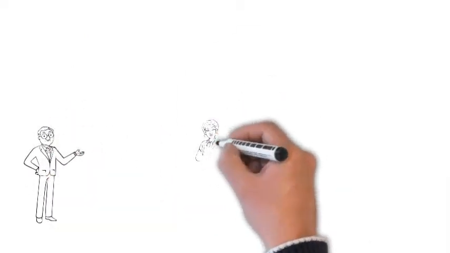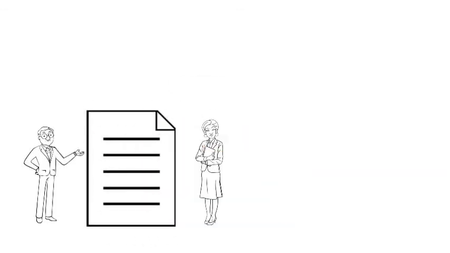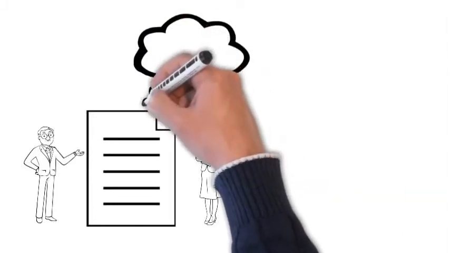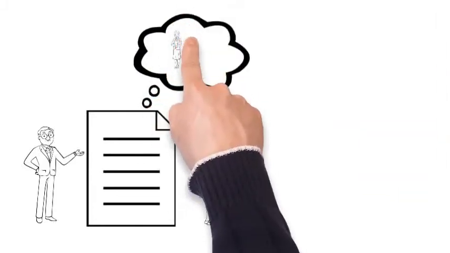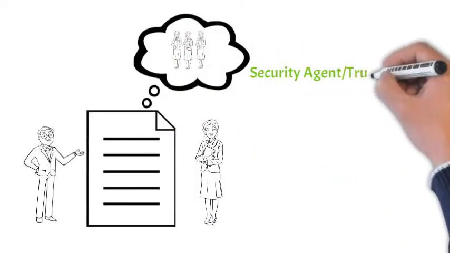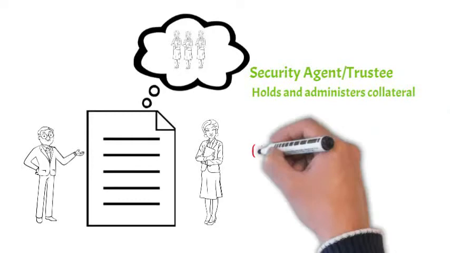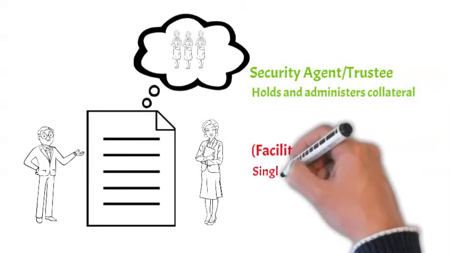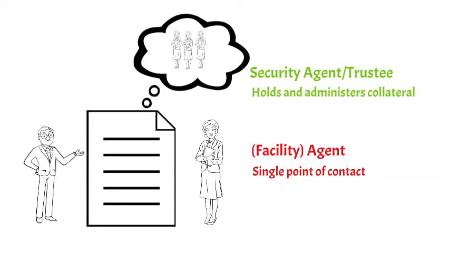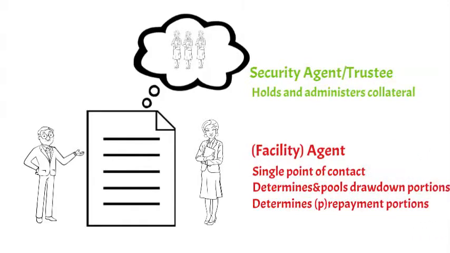Initially, the whole loan is advanced by a single lender. Although the credit agreement is signed by a single lender, it is structured and drafted as a syndicated credit agreement, meaning that it envisages multiple lenders and also administrative roles such as security agent or security trustee that will be holding and administrating the collateral on behalf of multiple lenders, and facility agent, who will be the single point of contact between the borrower and the syndicate of lenders, will take care of determining portion of each lender on each drawdown and repayment, fix reference rate and calculate interest, and take other administrative action in relation to the credit agreement.